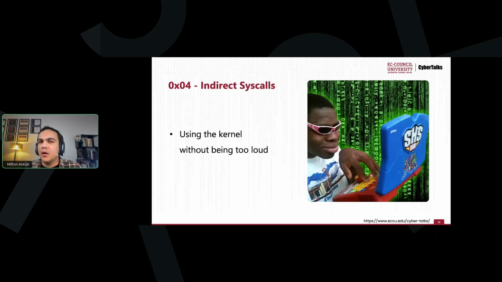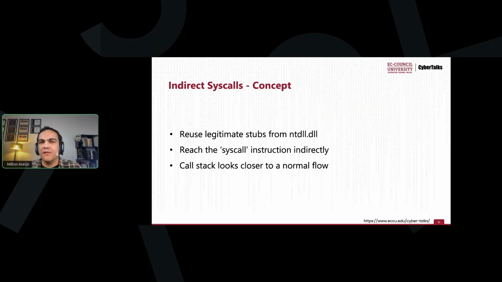It's like saying, I'm not going to be the door. I'm going to slip through a door that's already there. So summarizing the concept, okay, we use legitimate stubs from NTDLL instead of our own custom trampolines.